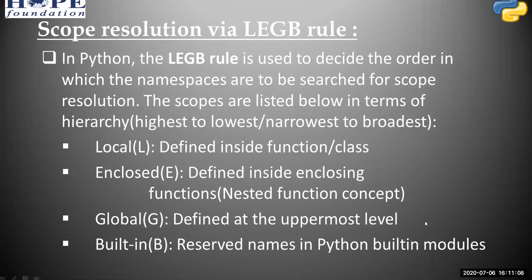Enclosed means the variable is defined inside enclosing functions, that is the nested function concept. Next is the global variable, defined at the topmost level of our program. And then built-in reserved names in Python's built-in modules.